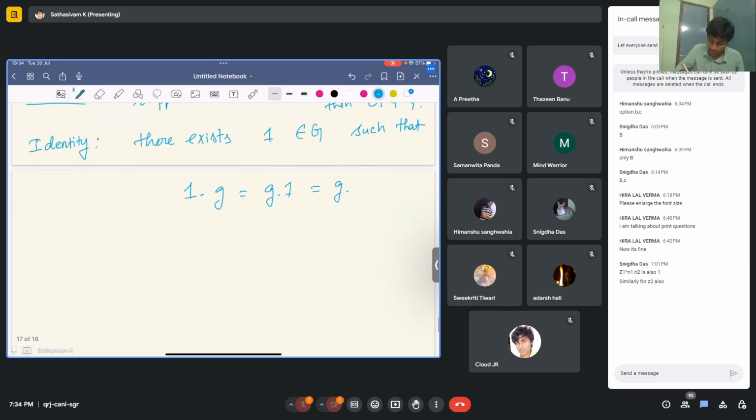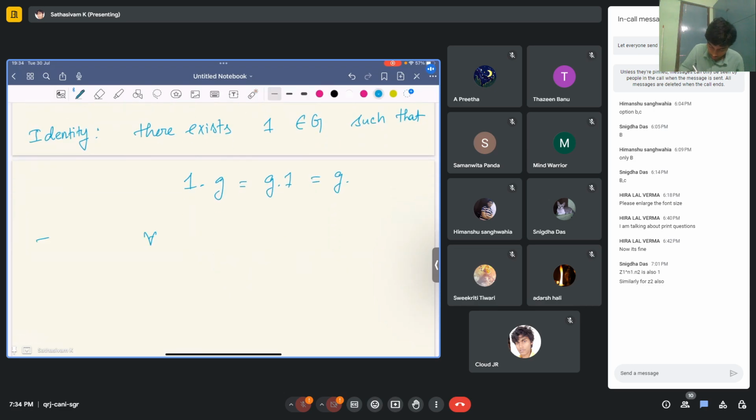So let me write the inverse axiom also here. See what the inverse axiom says. So this symbol means for all. Okay. Maybe I write directly here.